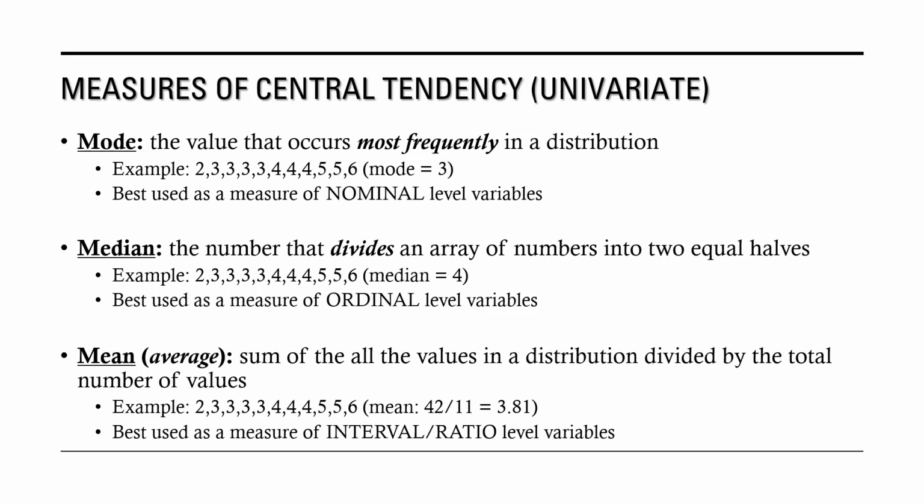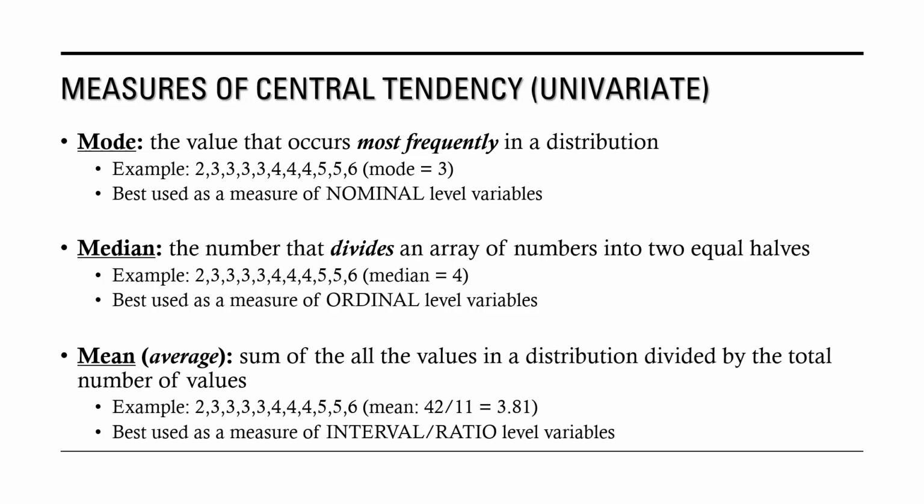In this case, it's the 4, so the median is the 4. Researchers will use the median when they are working with variables at the ordinal level of measurement. Okay, so again, if your variables are at the ordinal level of measurement, report the median as your measure of central tendency.